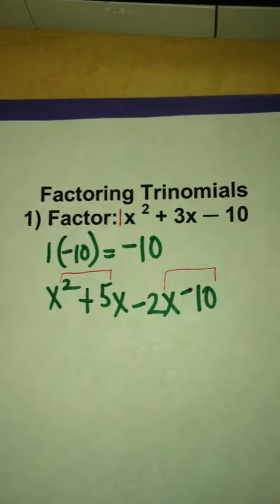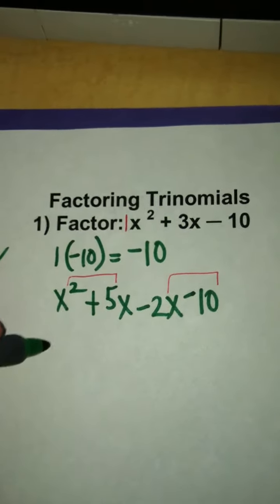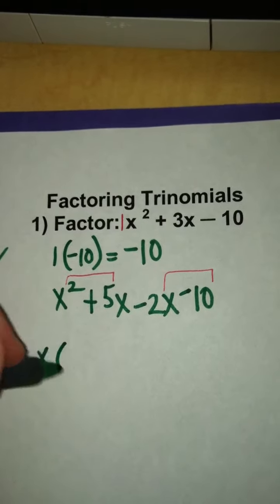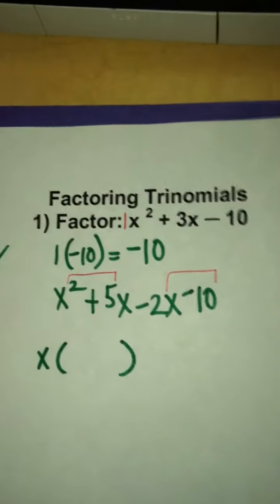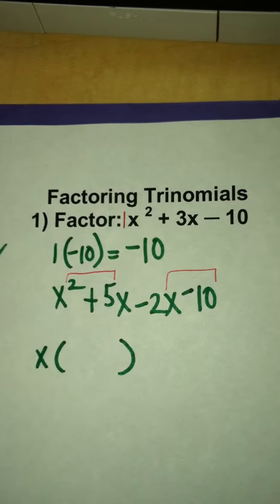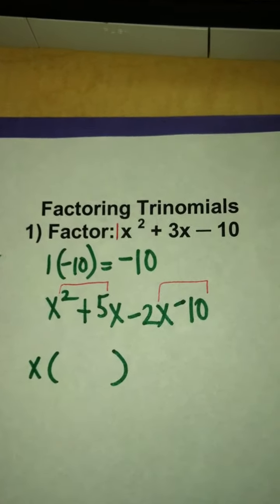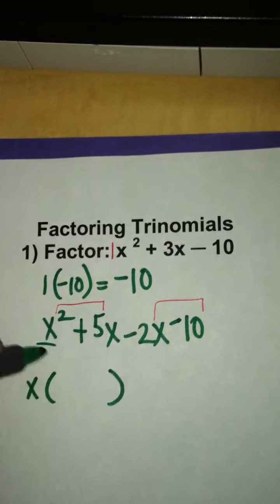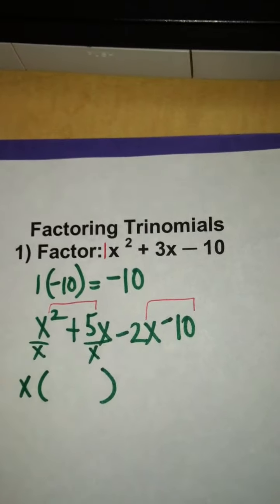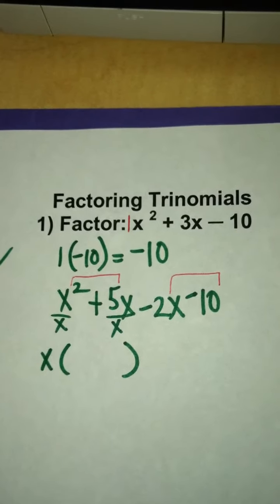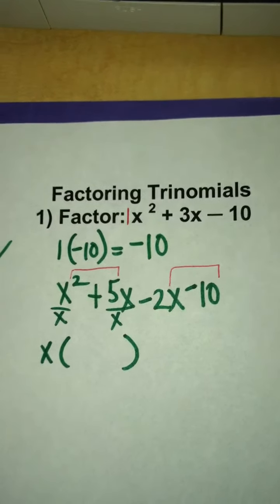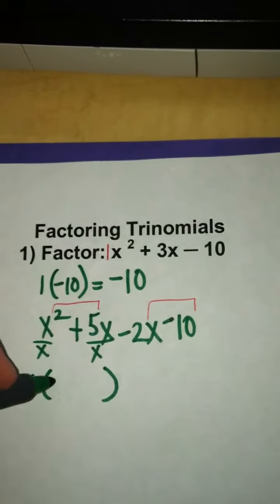So the GCF for the first pair is x. To find out what's left in parentheses, just divide each term by x and use the quotient rule. We're left with x plus 5.